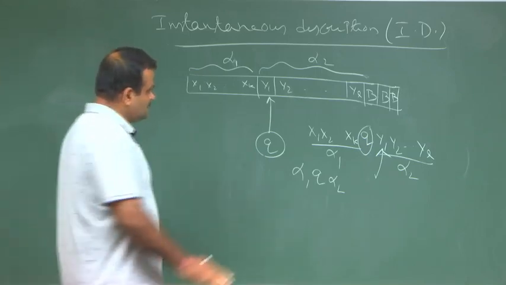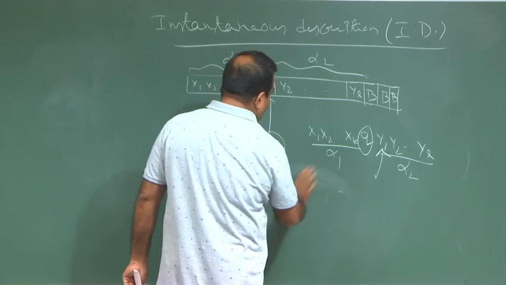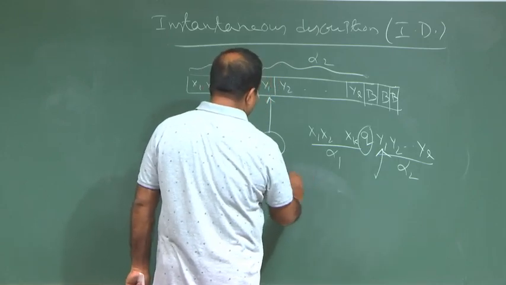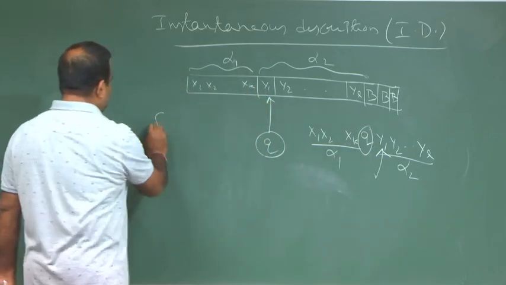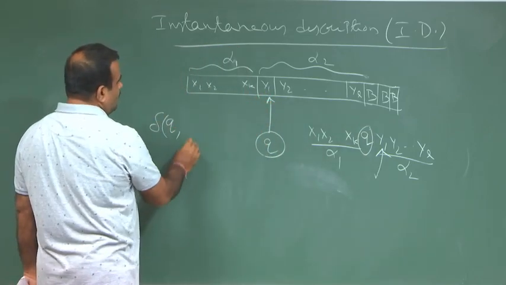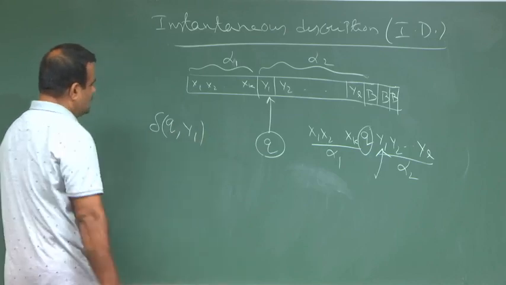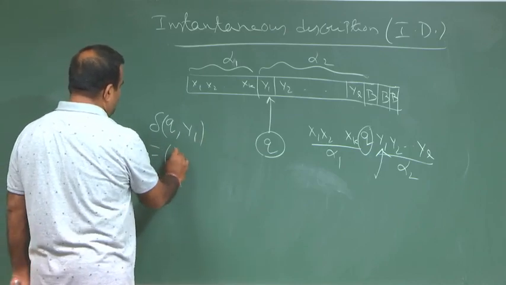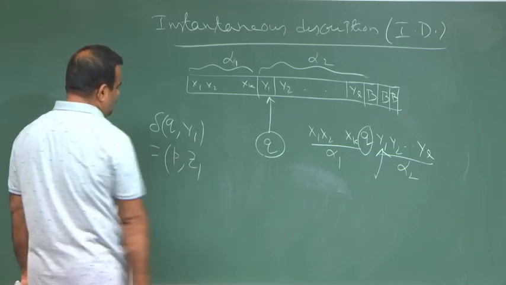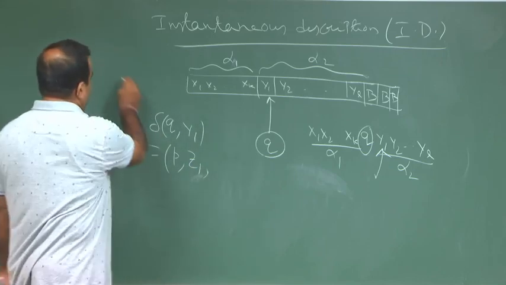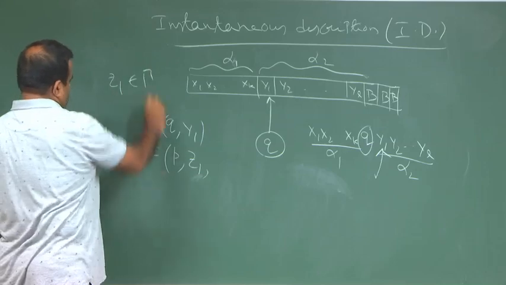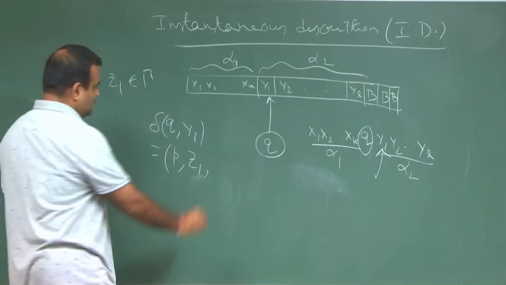Now, if this is the current snapshot and we have a transition rule like this, say we are now reading y 1, delta of q and y 1 goes to some p and z 1, some new symbol, we do not know what z 1 is, but z 1 comes from the set of tape symbols, and the move is L, say.